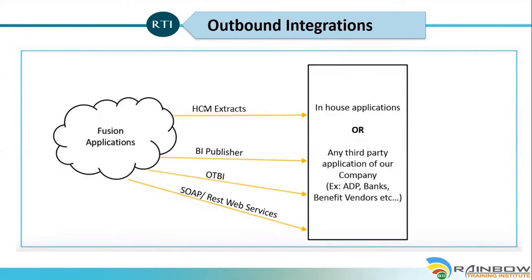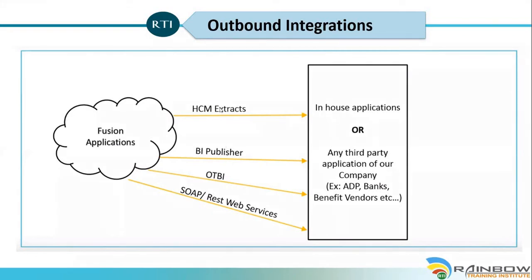And how did HCM extract help us? If you ask me, there's no difference. You can achieve the use case using BIP or HCM extract. If you have probably one day more time, or the patience to identify the tables and write the SQL queries yourself, you can obviously go for a BI Publisher report. Nobody will stop you.